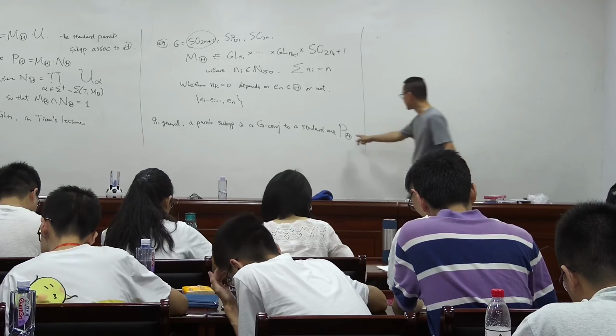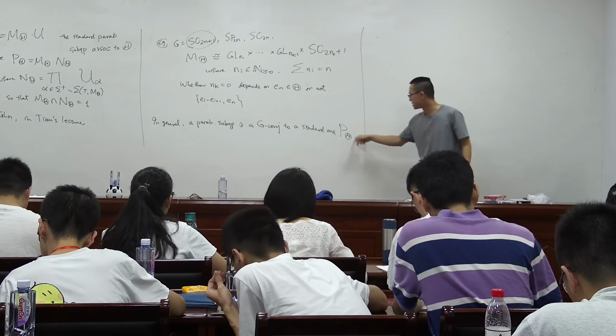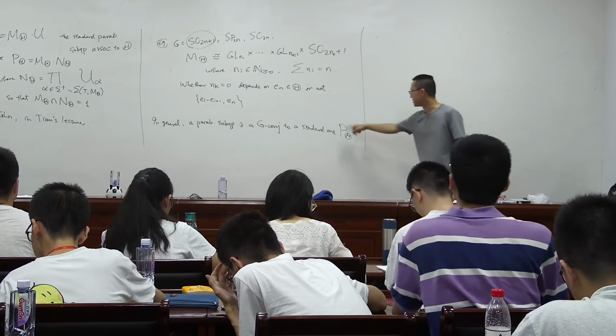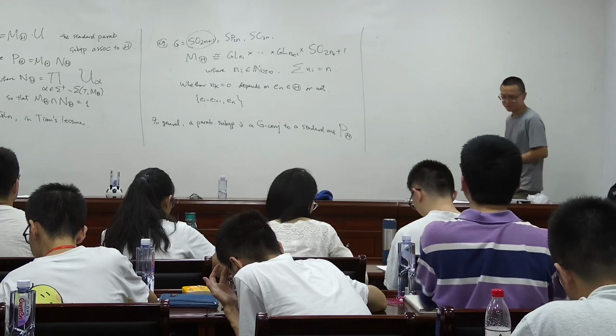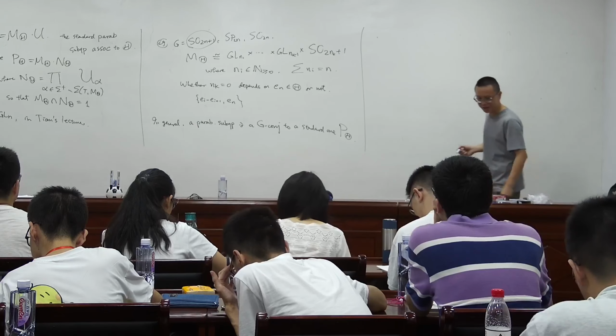So when theta is empty, then we know this is the Borel subgroup, and if theta is the full simple root system, then this is G. Chung Pang Mok mentioned this, and also you can check.